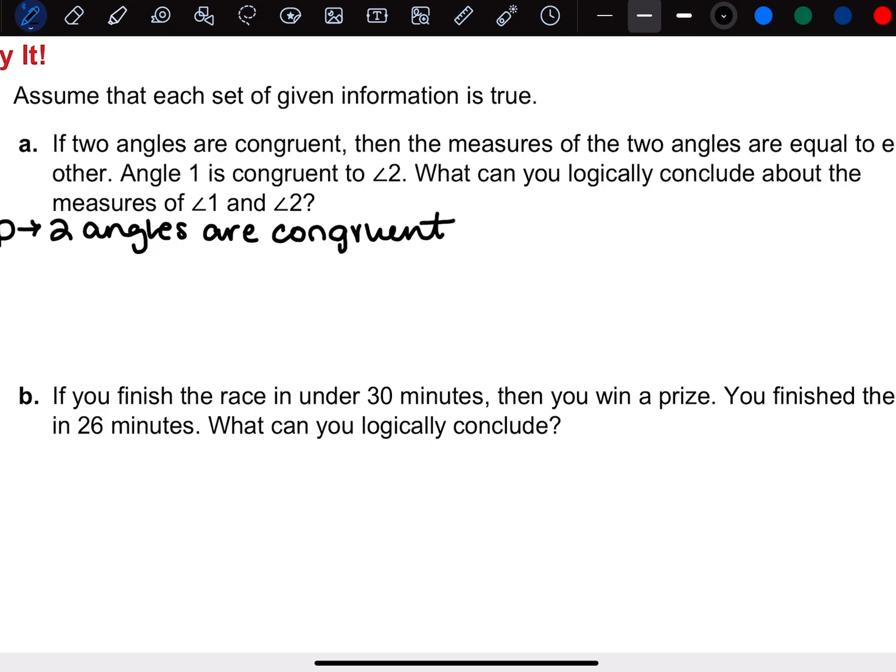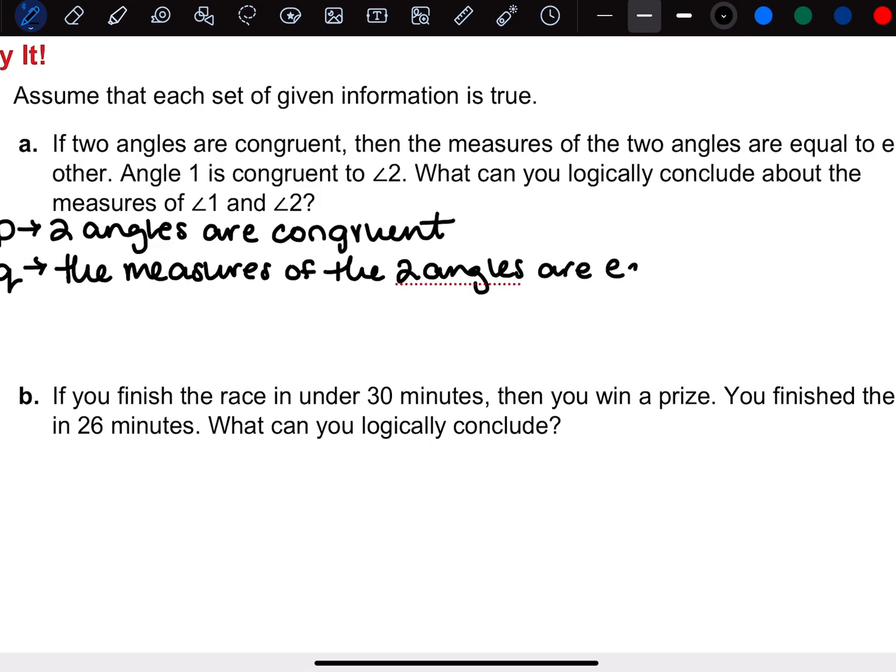And then the conclusion Q would be the measures of the two angles are equal to each other.